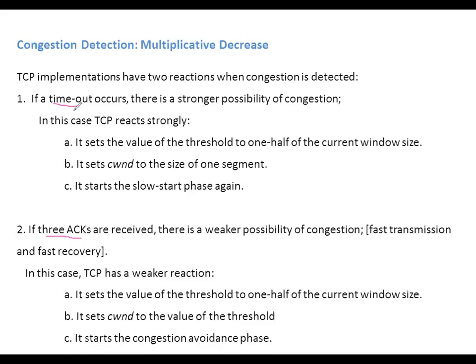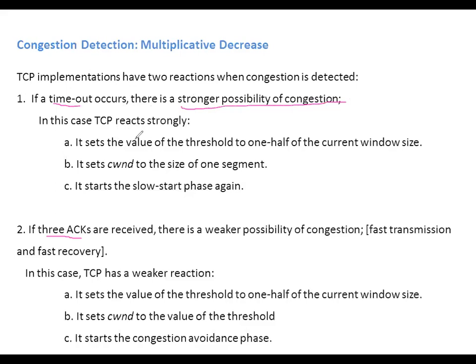And within this timer, if the sender does not receive any acknowledgement, it means that there is a possibility of congestion in the network. Now this is a stronger possibility of congestion, which means for the set of segments that the sender had transmitted, it did not receive any acknowledgement, which means that there is a possibility that all those segments were lost in the network.